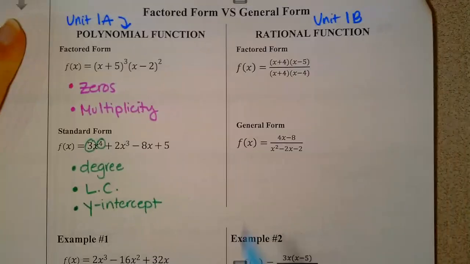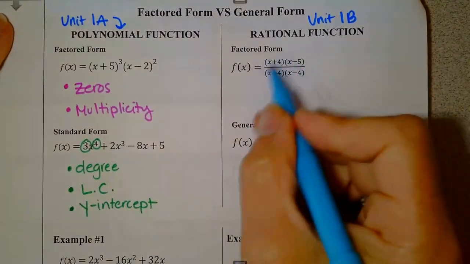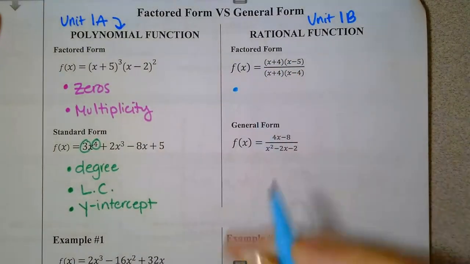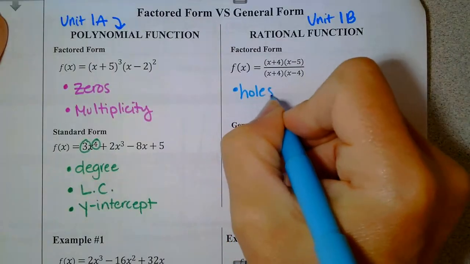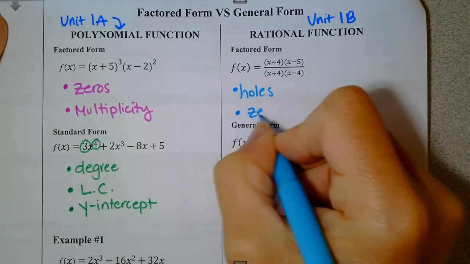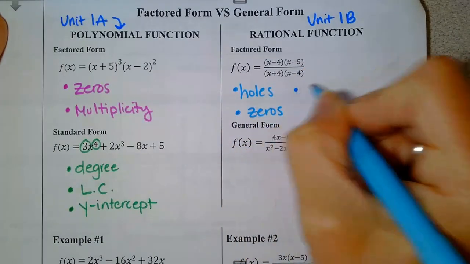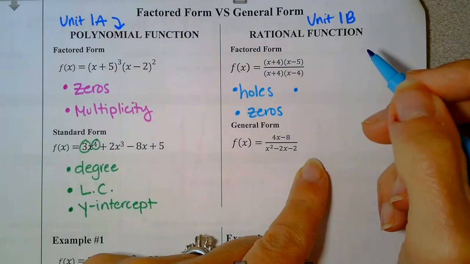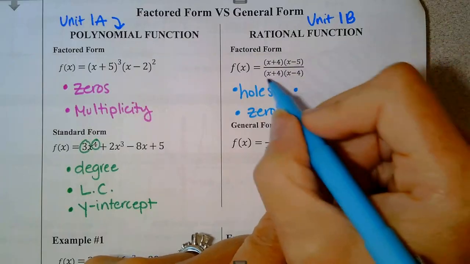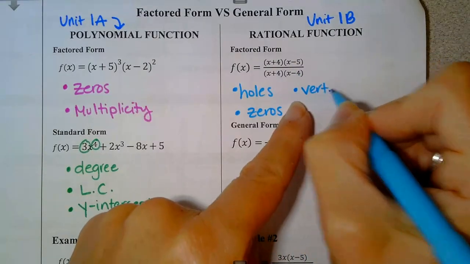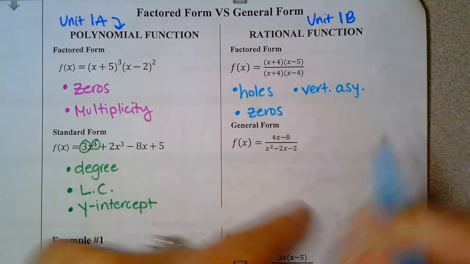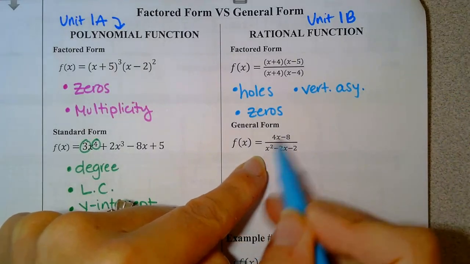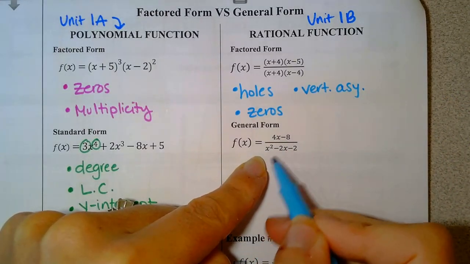So what do I learn from this right here? There's 4 of them. Yep, zeros, fantastic, from the top. Asymptotes. Which one? Just the vertical, right? Because the horizontals down here, you use your leading coefficient and your highest degree.